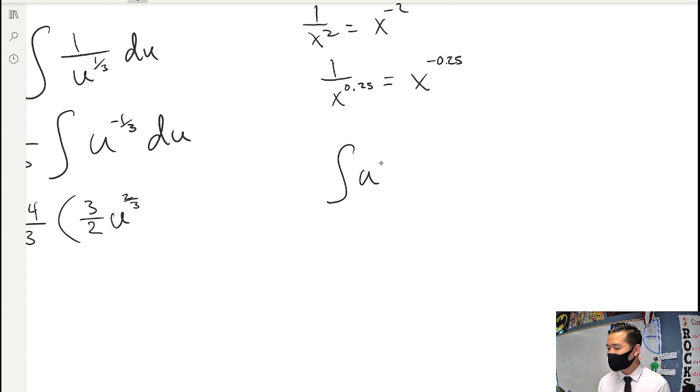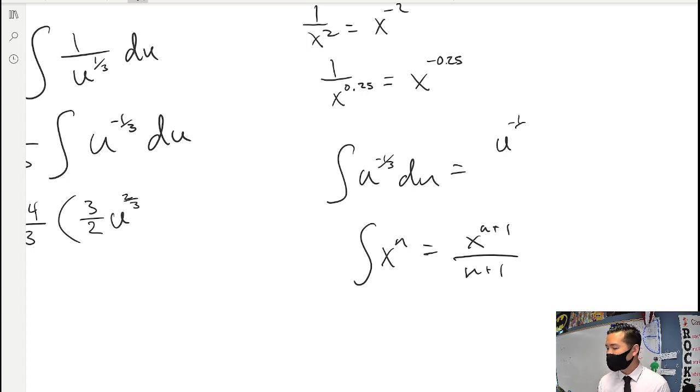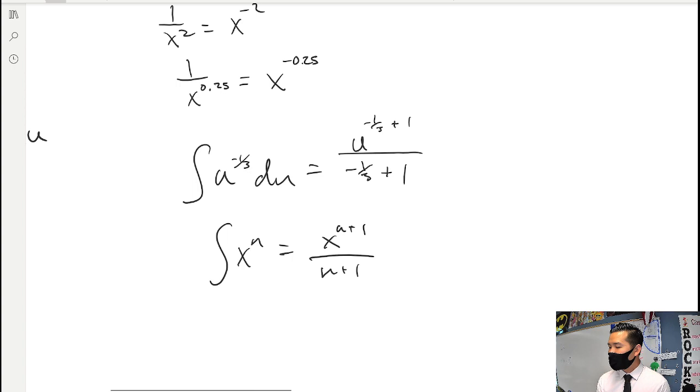Let's do it one step at a time. You got this part right here. If I had x to the n, it becomes x to the n plus 1 over n plus 1. That means this one right here is going to be u to the negative 1/3 plus 1 over negative 1/3 plus 1. Negative 1/3 plus 1 is the same thing as negative 1/3 plus 3 over 3.